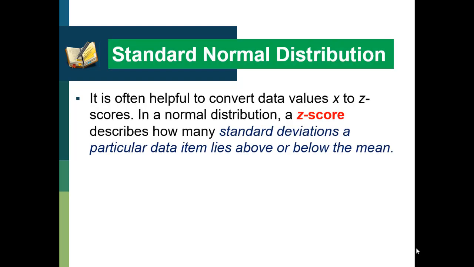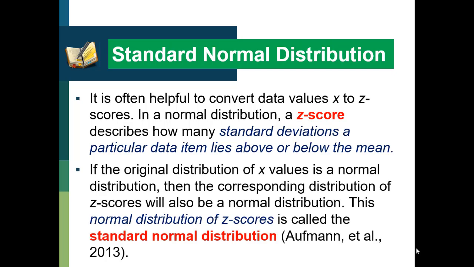It is often helpful to convert data values x to z-scores. In a normal distribution, a z-score describes how many standard deviations a particular data item lies above or below the mean. If the original distribution of x values is a normal distribution, then the corresponding distribution of z-scores will also be a normal distribution, and that normal distribution is called a standard normal distribution.